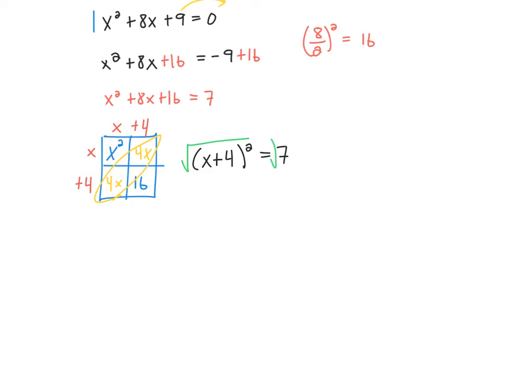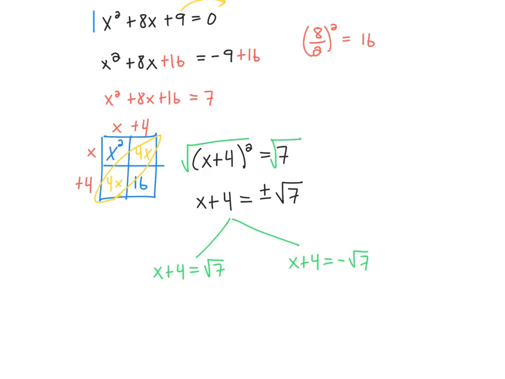Now I'll take the square root of both sides. That gives me x plus 4 equals plus or minus the square root of 7. Now I'll split it up into my 2. x plus 4 equals the square root of 7, and x plus 4 equals negative square root of 7.